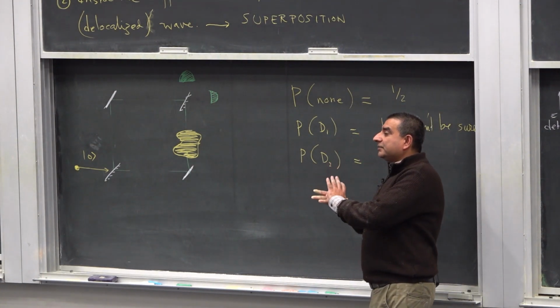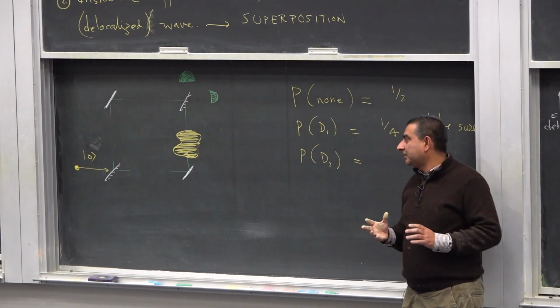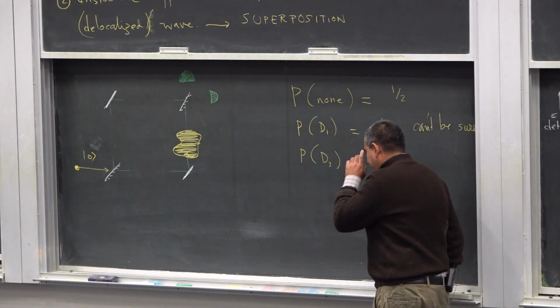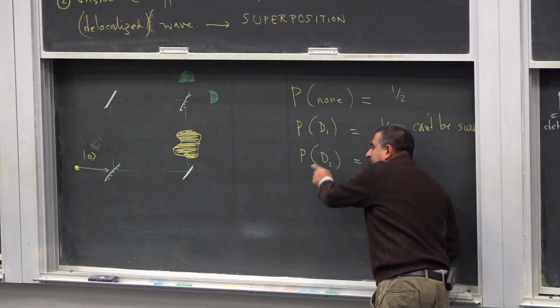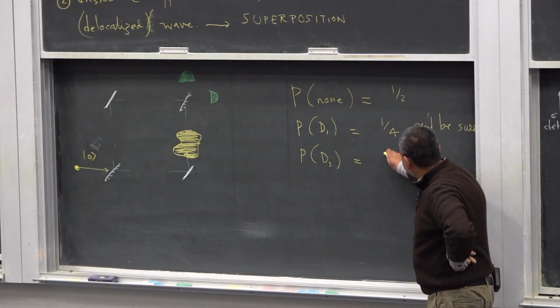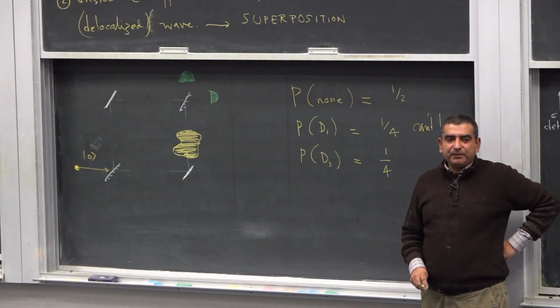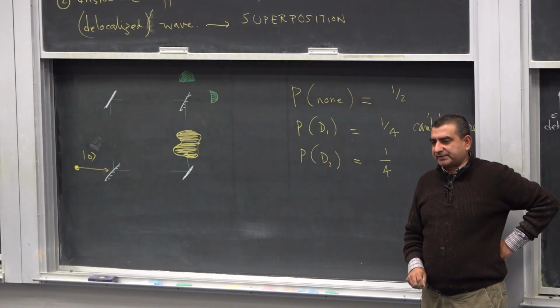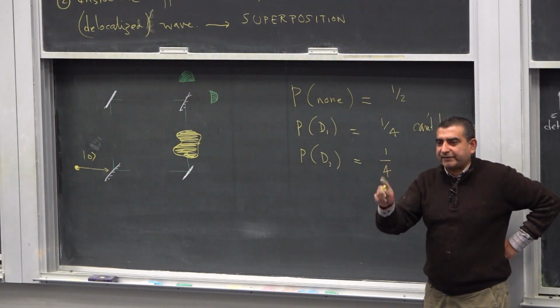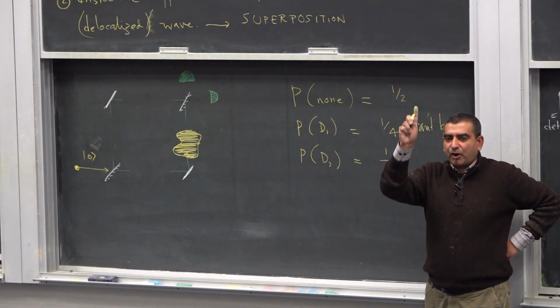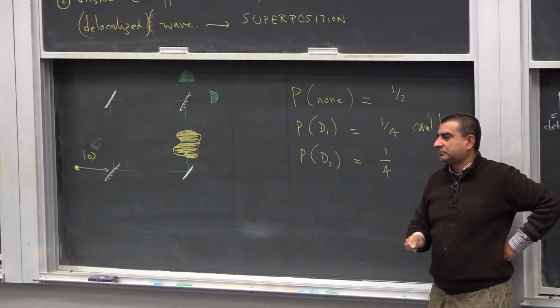However, if an object does exist, what's the probability that this happens? 1 by 4. If this happens, can we say that an object exists? Yes. And has that object interacted with the photon?